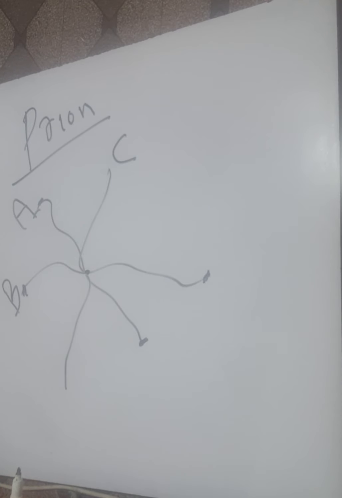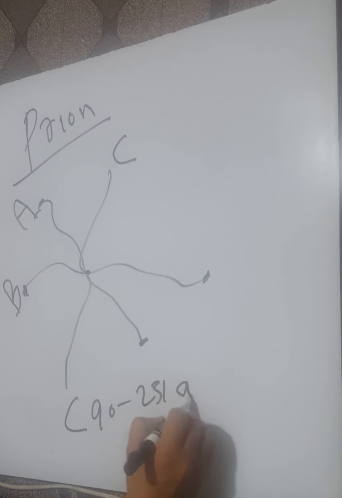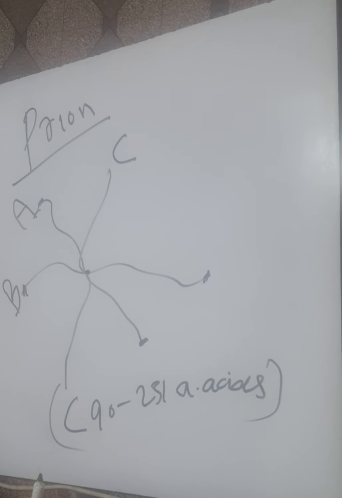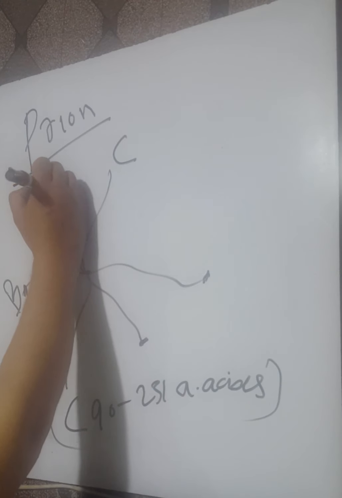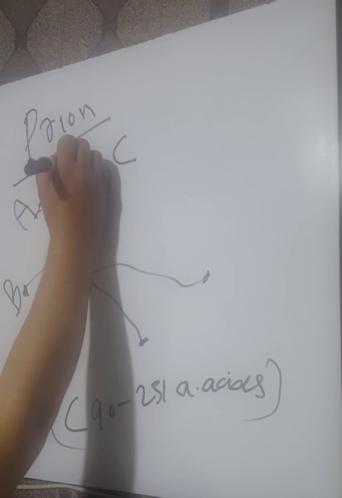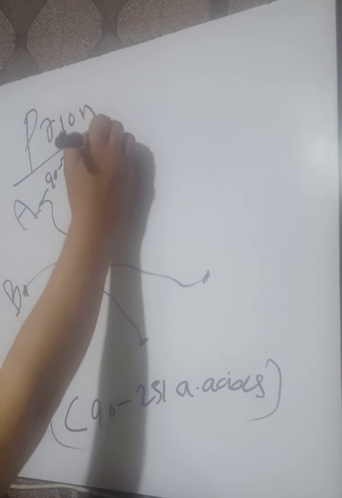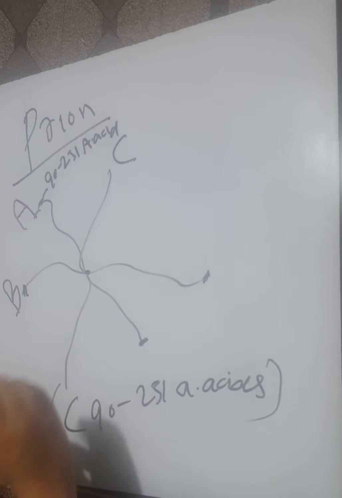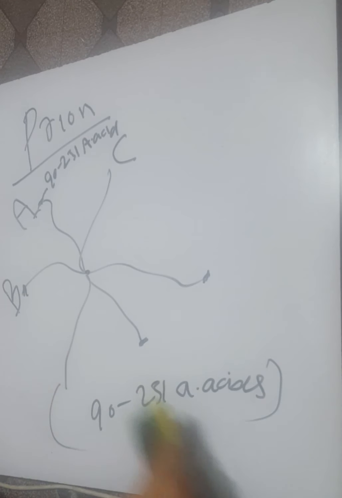Its chain contains 90 to 231 amino acids, especially the alpha or A unit.